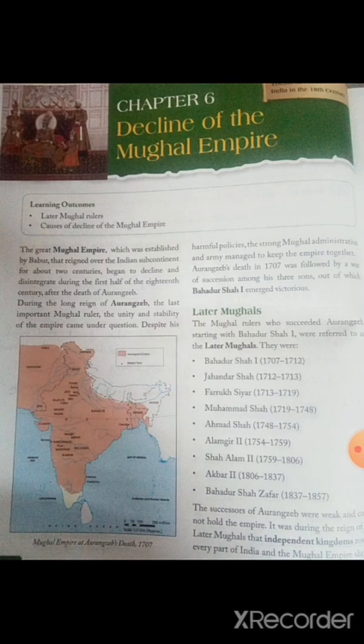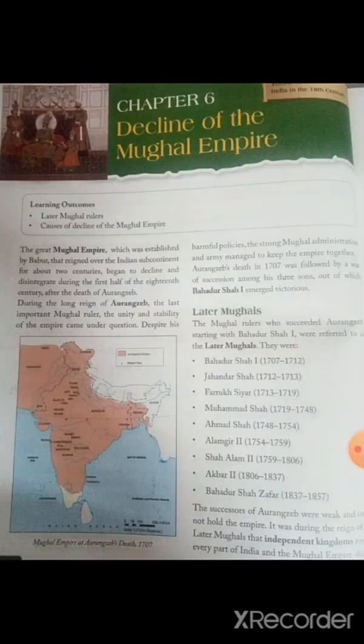During the time of the later Mughals, the Mughal Empire shrunk down to a few square kilometers around the seat of power, Delhi. And then after that, what happened?